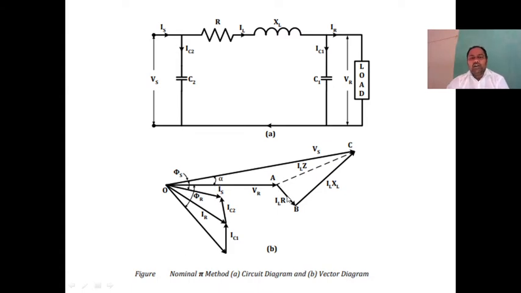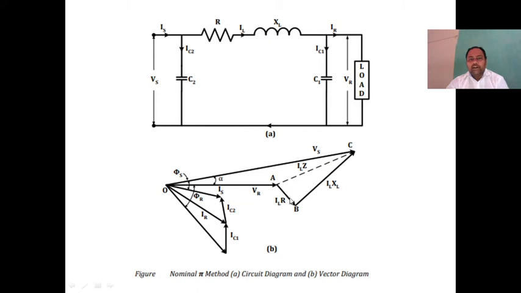Next are the voltage drops. How do you draw the voltage drops? Here we have only the drop due to the resistance and the drop due to the inductive reactance, and these are due to the line current only. The resistive drop ILR is always parallel to the middle line, the line current, because the drop is due to the line current.